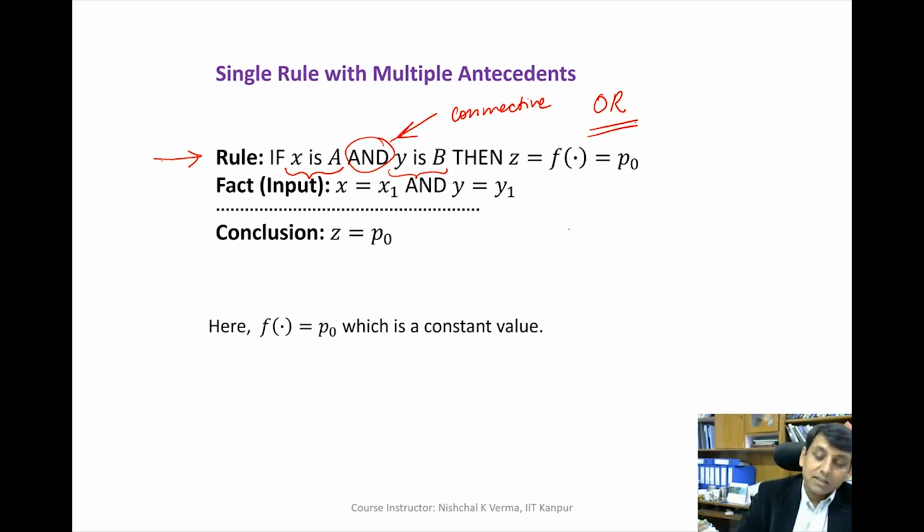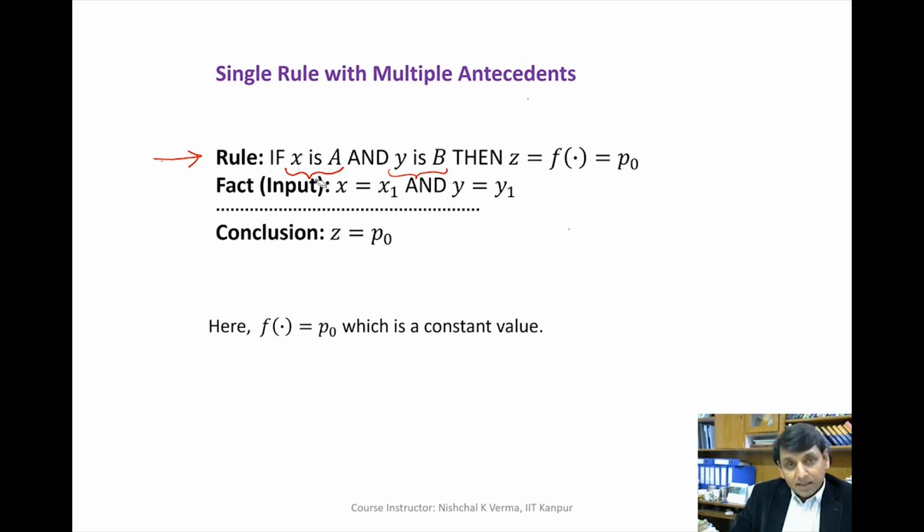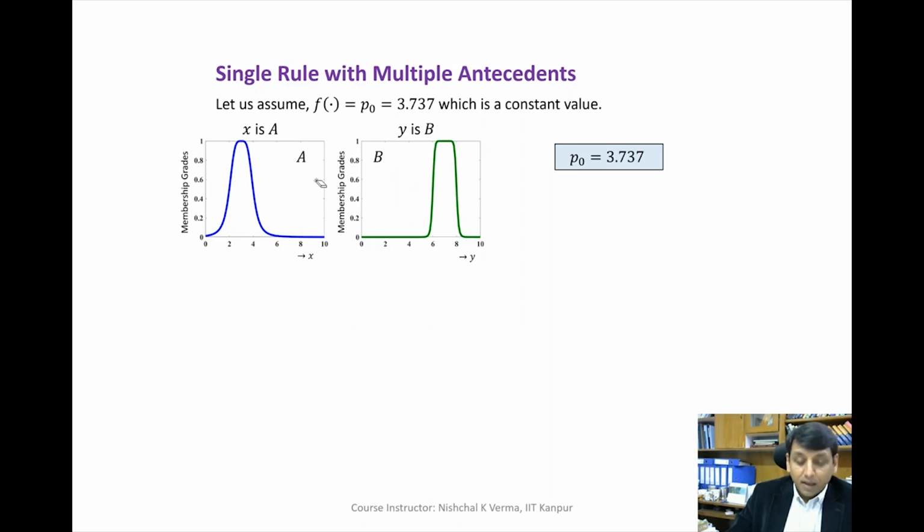Here in this case we have the AND connective. Since we have two antecedents, obviously we have two input generic variables X and Y. Now when we apply the input, we are interested in finding the corresponding output. Let's see how to proceed with this.